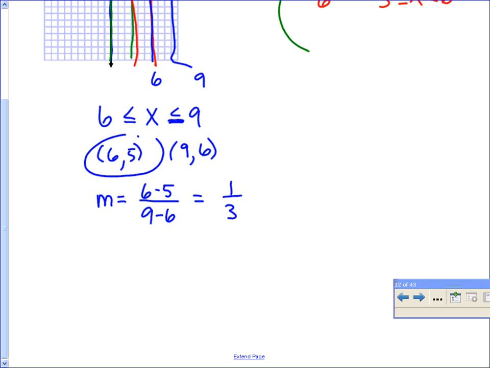Just choose one of the 2 points, and we have the slope now. So y minus 5 equals our slope, 1/3, times x minus 6. We simplify all of this, and we get y equals x over 3 plus 3.